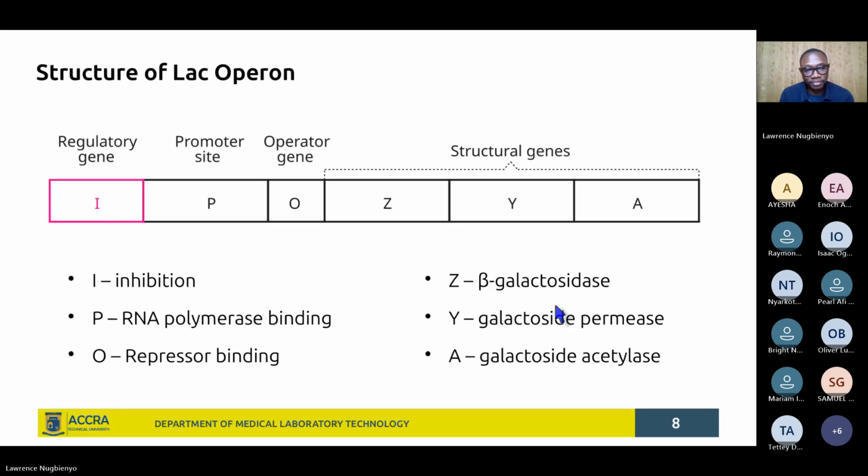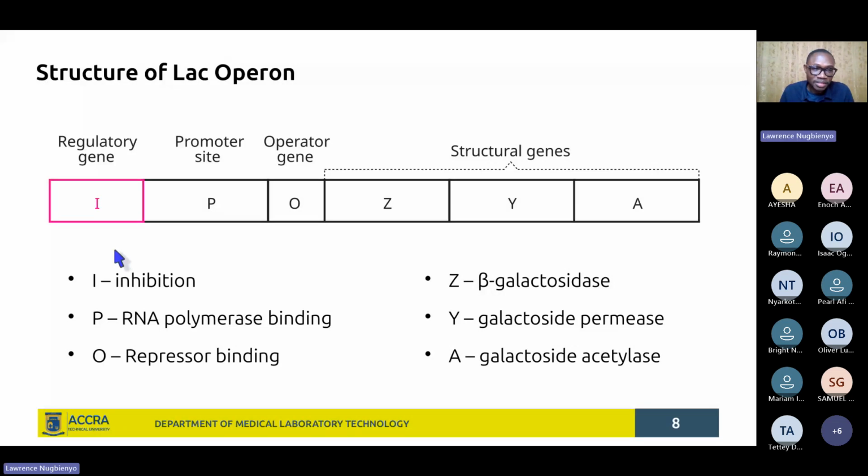So if you take the fragment of the Lac Operon, you can call it the lactose operon. That Lac Operon has specific fragments in it. So the whole structure of the Lac Operon has some specific fragments coding for different proteins and also serving different purposes.